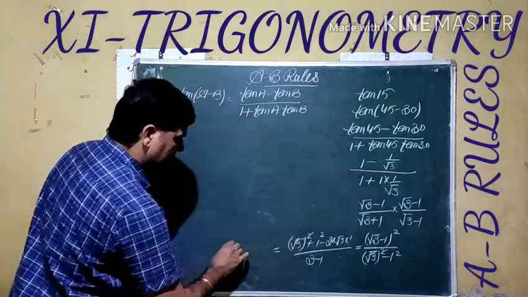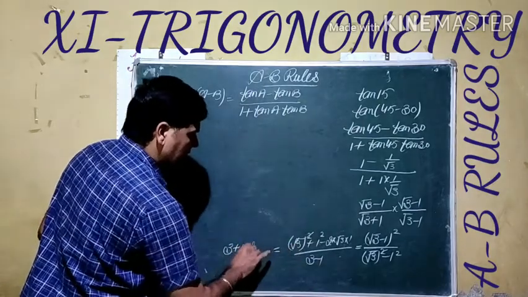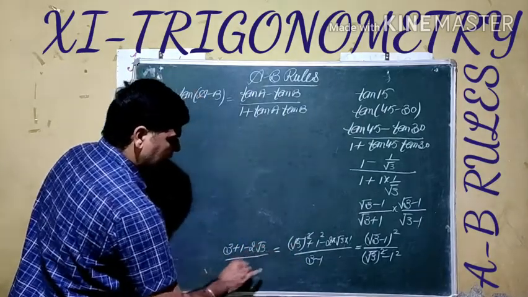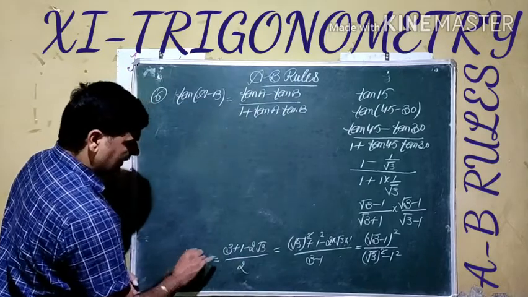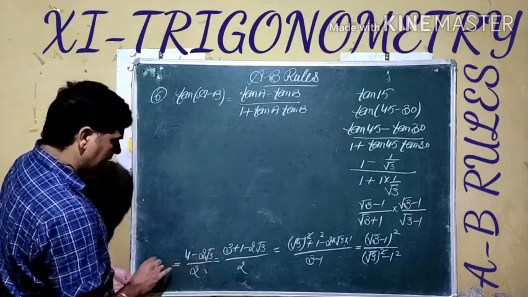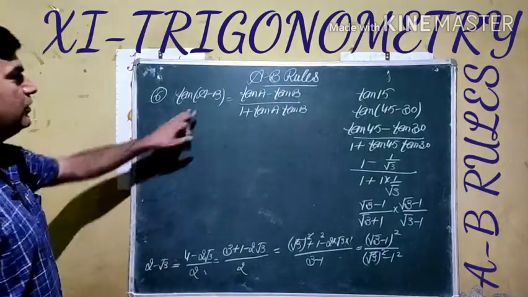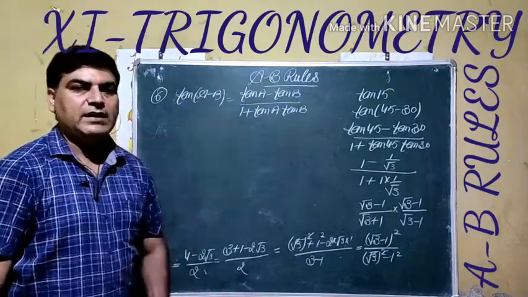So we get 3 plus 1 minus 2 square root 3 divided by 2. So we get 4 minus 2 square root 3 divided by 2. Cancelling 2 in numerator and denominator, we get this. So this is the value of tangent of 15 by use of the tangent of A minus B formula.